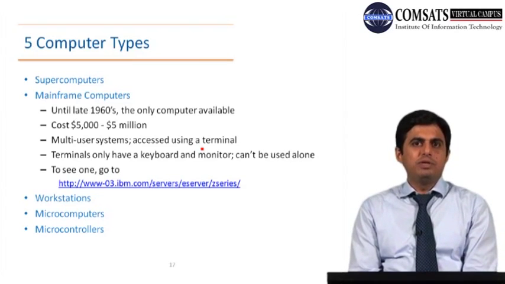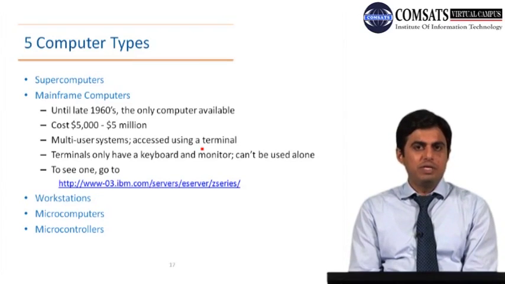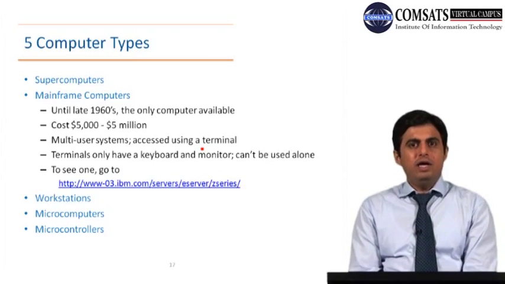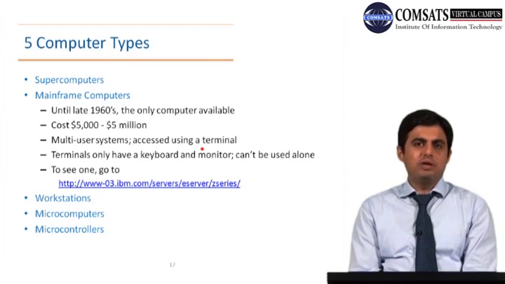I can give you an example of a mainframe computer in airline companies. Even in the past, airline companies used to have mainframe computers which kept records of all the passengers and their traveling, and their terminals used to be in multiple places. For example, I give you the example of PIA.